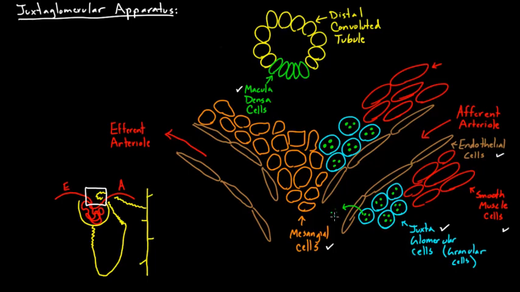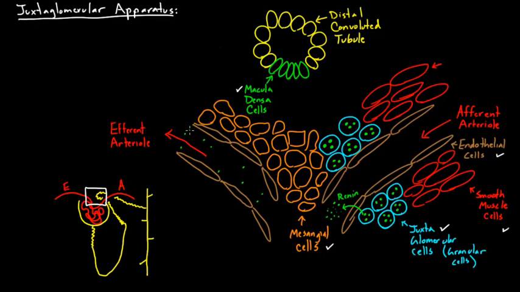So when these little granules dump themselves into the blood vessel, this is your renin. And that renin is going to make its way into the afferent arteriole, just the way I drew it. Then it's going to go through the glomerulus, and on the other side it's going to sprinkle out and go out the efferent arteriole. So that's the way renin gets released.